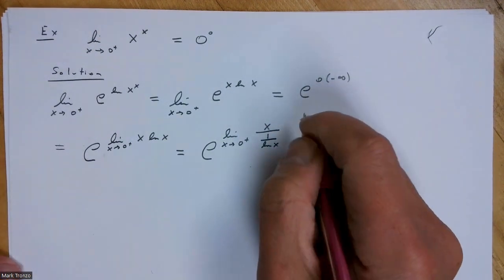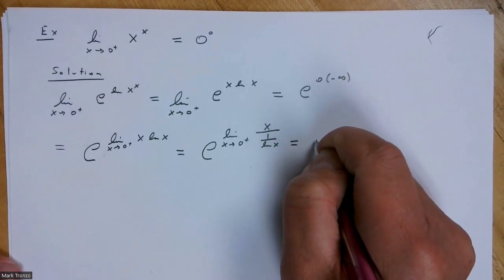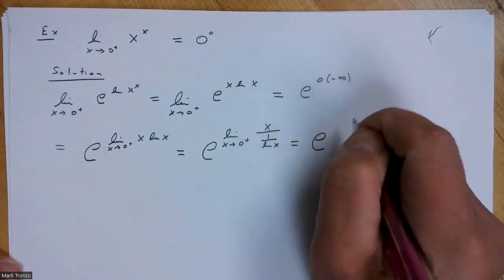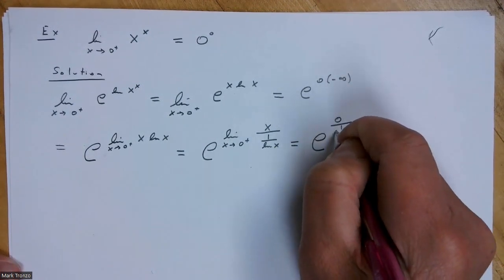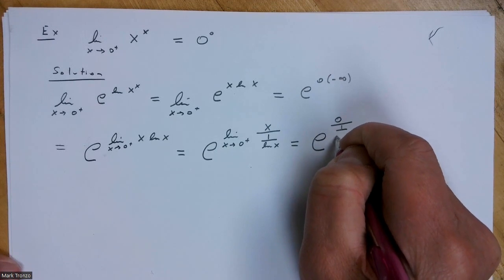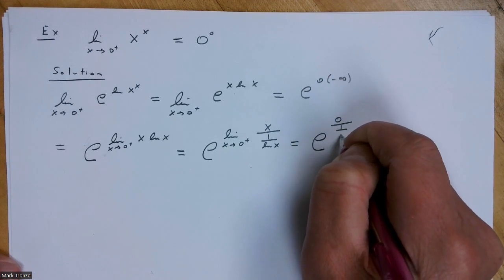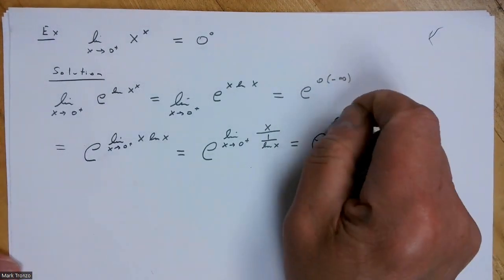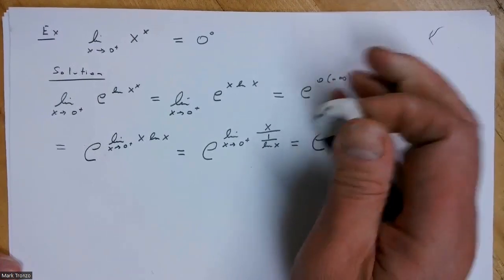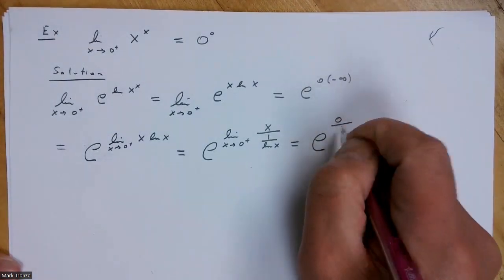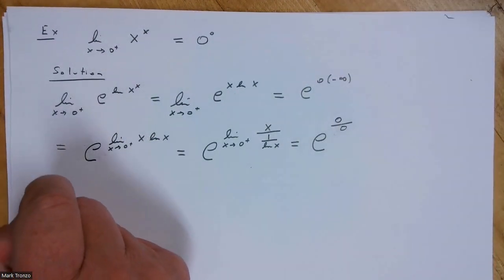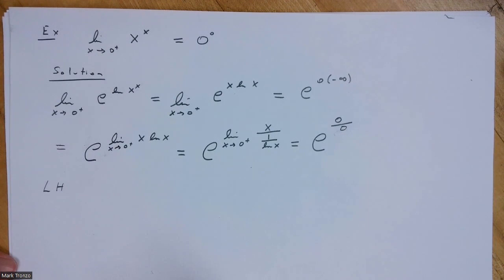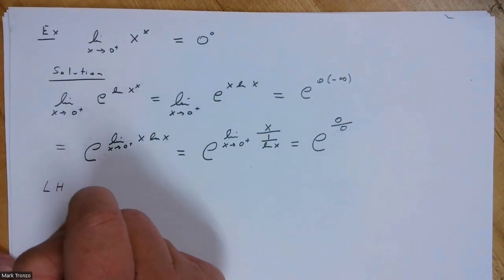And so this is going to give us e, that's going to be 0 over 1 over negative infinity, which is basically 0 in the denominator. So that will give us 0 over 0. Now we can apply L'Hopital's rule to that exponent.